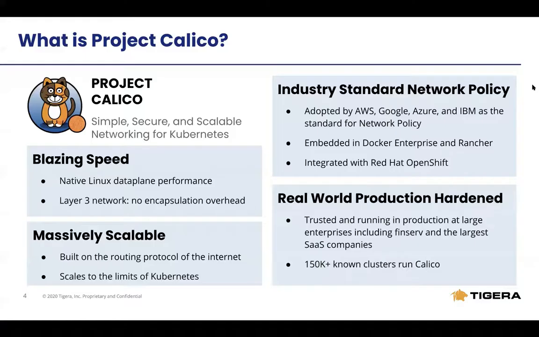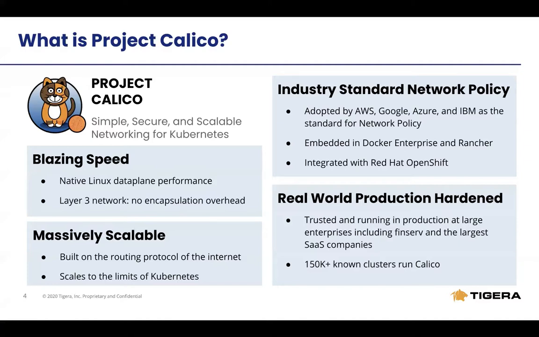So, at a glance, why do many users out there use Project Calico? It is blazing fast in terms of providing connectivity and networking and the plumbing around pod-to-pod networking, because we use a native Linux data plane to perform all the connectivity between pods running in your Kubernetes.